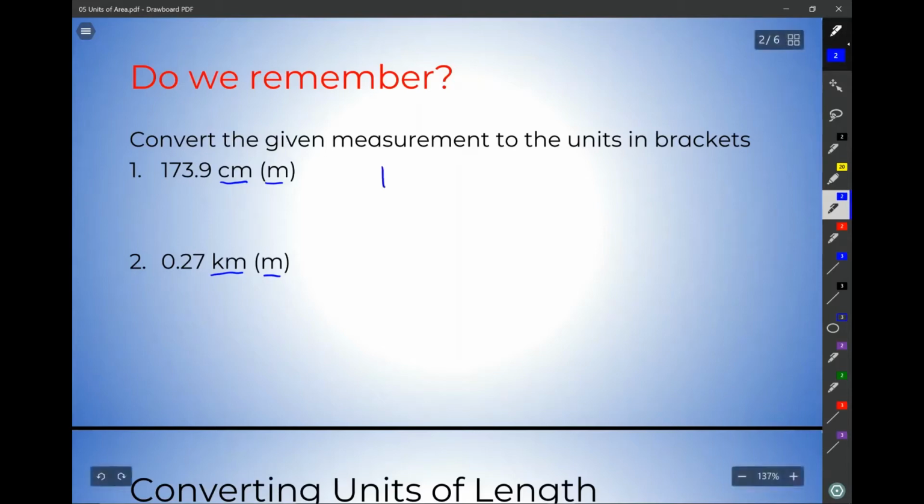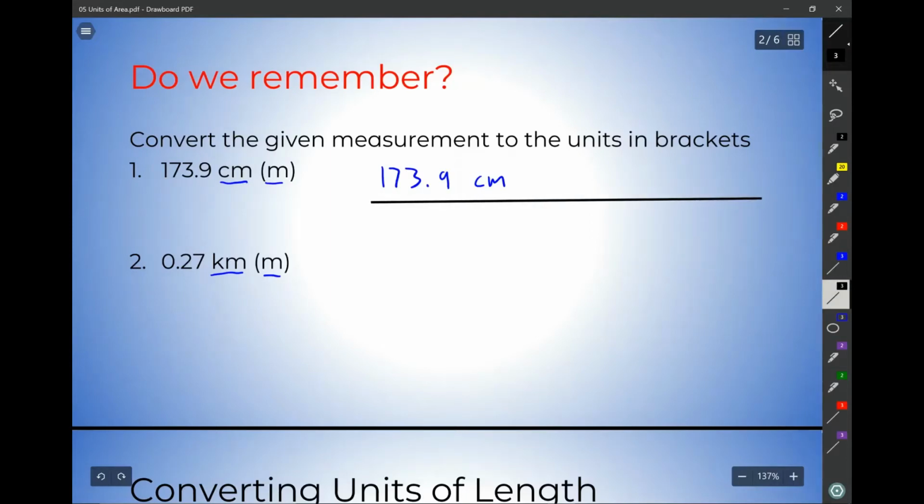Okay, so remember the table that I taught you to draw up. You've got your initial measurement, and then we want to convert it into meters, and we know that in 1 meter we have 100 centimeters. And remember, we times along the top line and we divide what's on the bottom line.